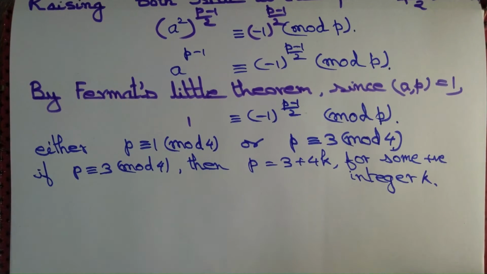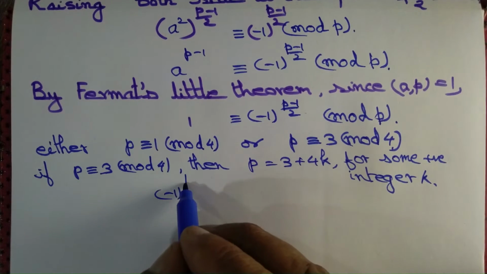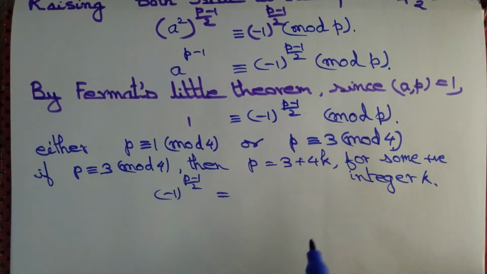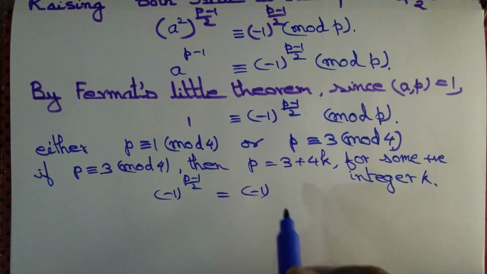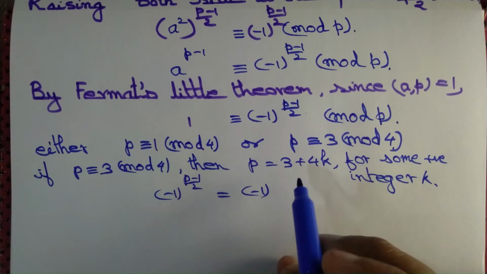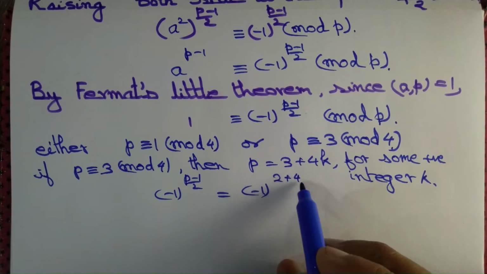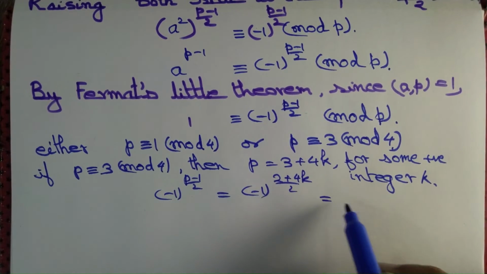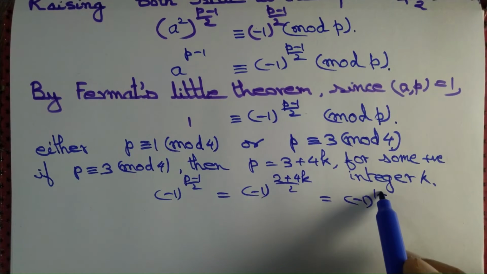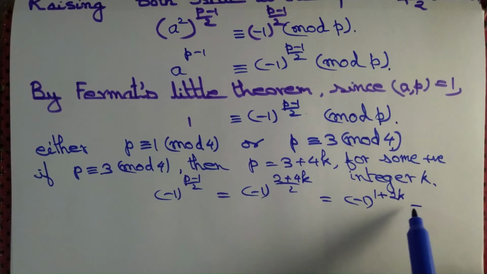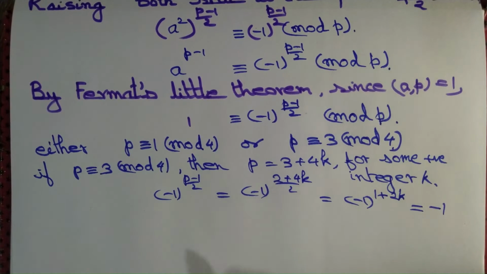And so it follows that (minus 1) to the power (p minus 1)/2 equals (minus 1) to the power (3 minus 1, which is 2, plus 4k)/2, that's equal to (minus 1) to the power 1 plus 2k, and that's simply equal to minus 1.